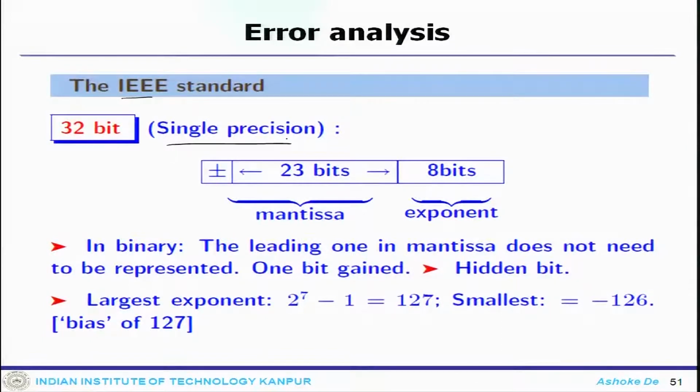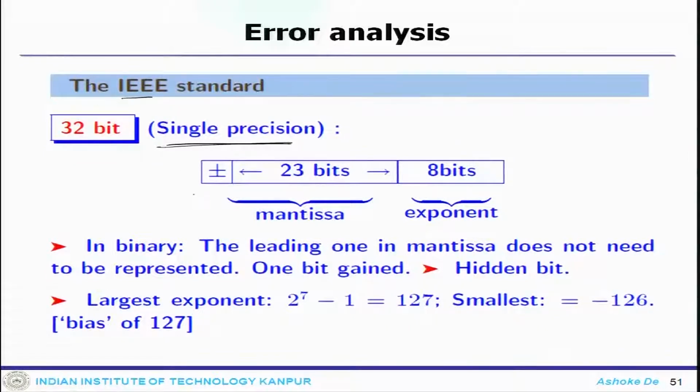Some laptops are available with 32-bit precision, but now the hardware has gone to the extent where you can get 64-bit precision or high-end precision. But what happens if you have a 32-bit precision or single precision system?